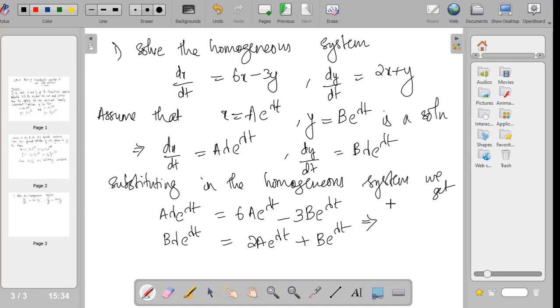So you will get (6 minus lambda) a minus 3b equal to 0, and from the second equation you will get 2a plus (1 minus lambda) b equal to 0. So this is the system of equations you are getting.